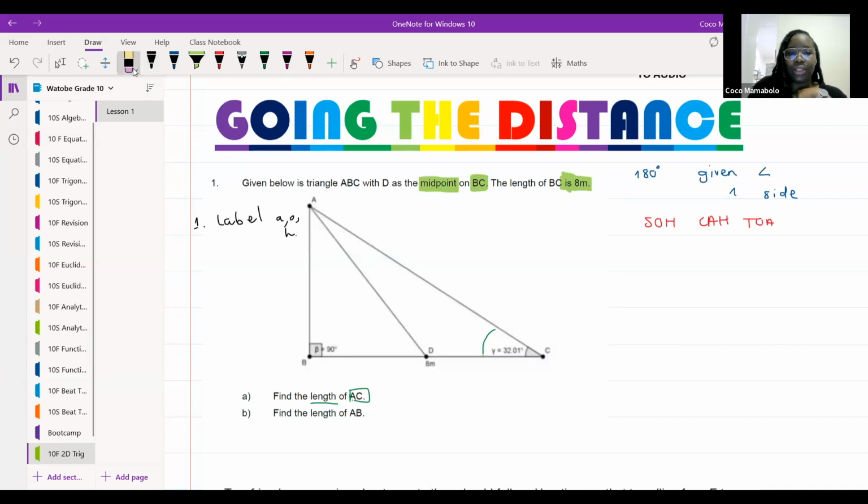Now I'm going to erase this from the screen and ask you guys an easy question. What is the number one thing we do when we've been given an angle and a side? I've just removed it from the screen.